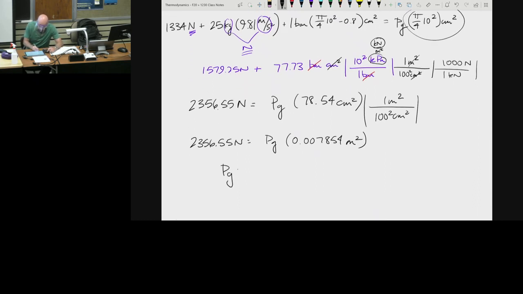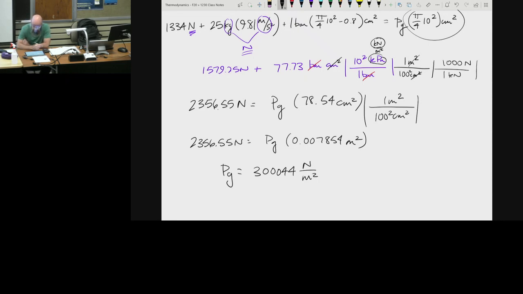And so the pressure of the gas is going to be 2,356.55 divided by that previous answer. 300,044 newtons per meter squared, which is a pressure, newtons per meter squared.